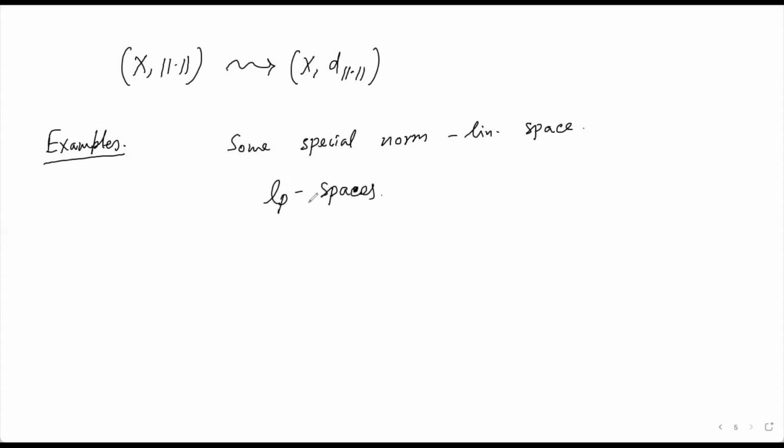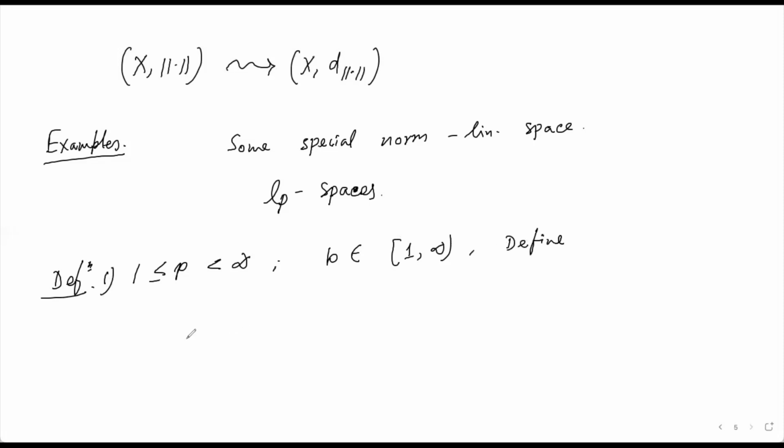So now we define what Lp is. Here is the definition. Let p lie between 1 and infinity, that is, p belongs to the interval [1, infinity). Now we define Lp, the underlying set.